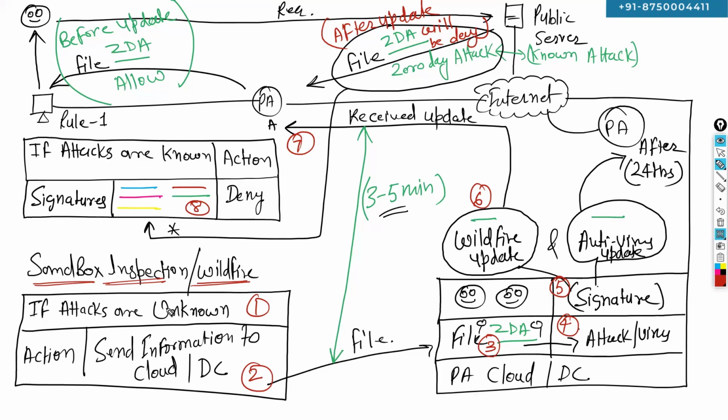This service comes with a subscription. If you have a subscription, only then can you send attack information and receive updates. If you don't have a subscription, you can't participate in the WildFire process. Clear?